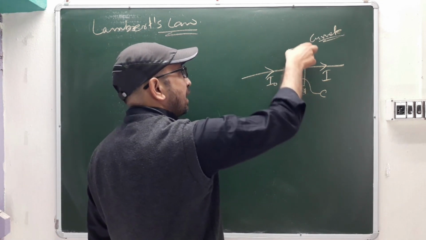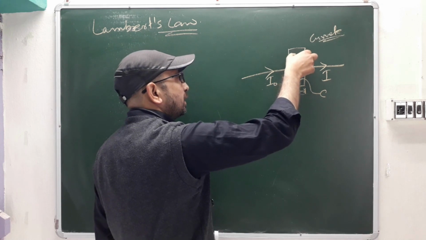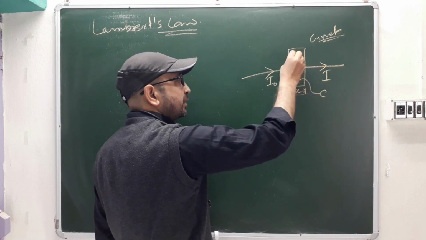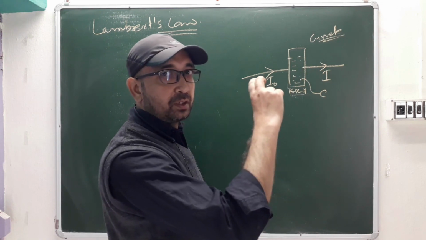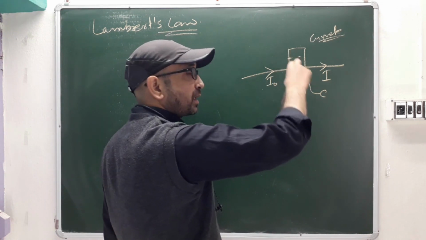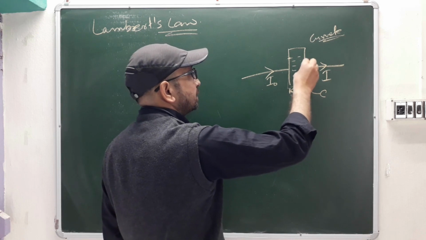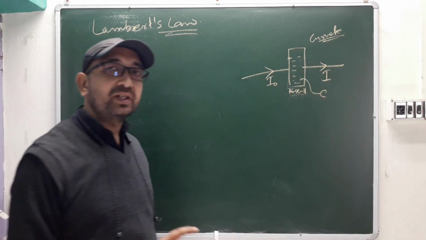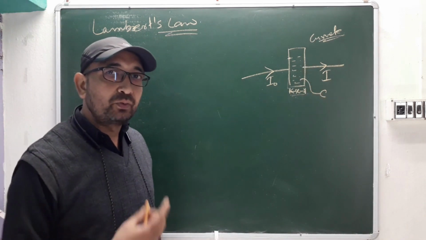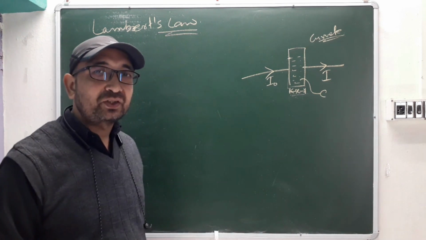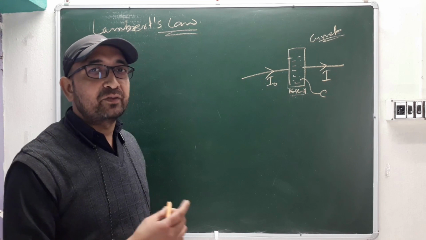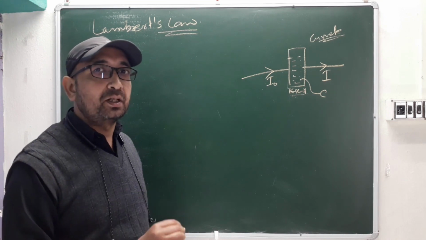Then you have to fill the sample up to the mark in the cuvette. The concentration of the solution will be a known concentration, because you are finding out the absorbance, how much absorbance this particular solution and the particular compound is giving, correct?